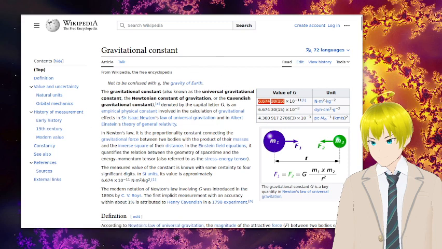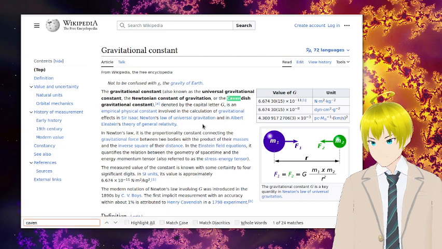I believe it was originally calculated with the Cavendish experiment, right? That's an experiment that I myself actually did at one point. So the Cavendish experiment, actually it might be here, if we search for it. Yeah, look, it says the Cavendish gravitational constant.